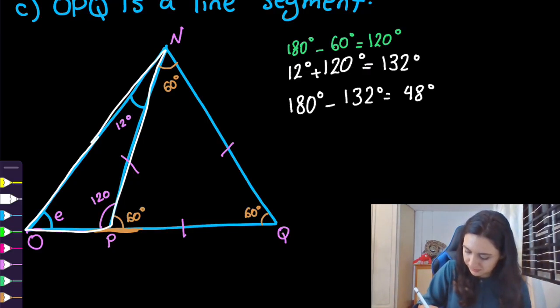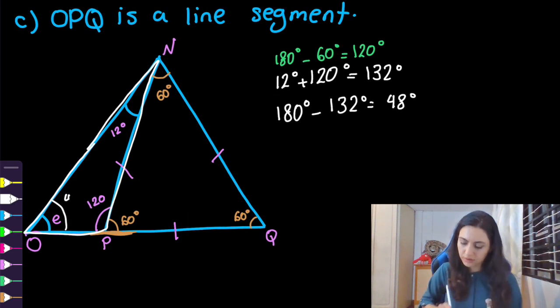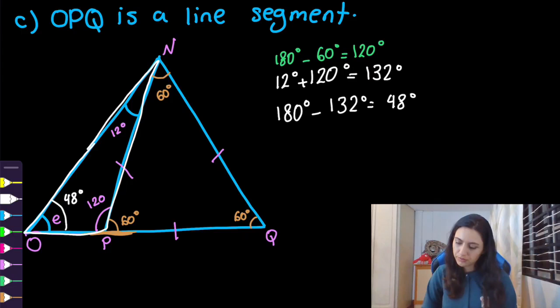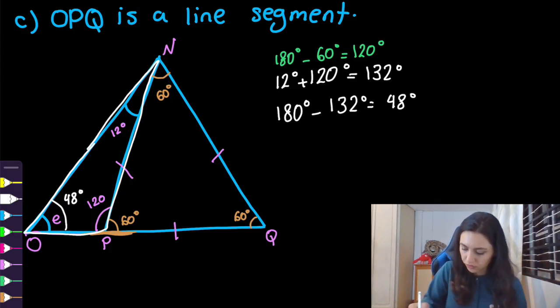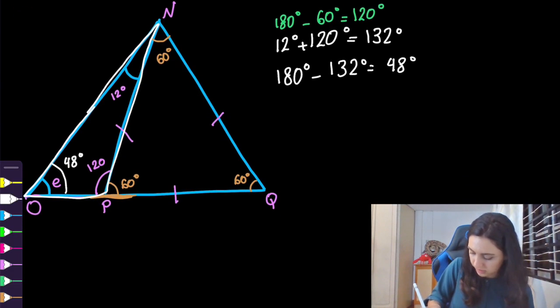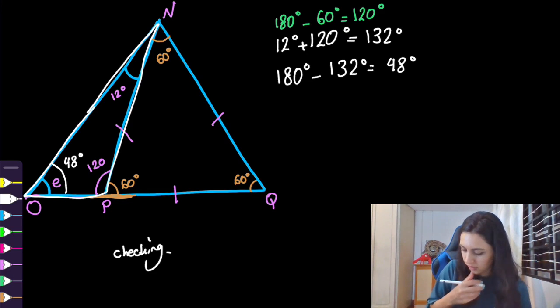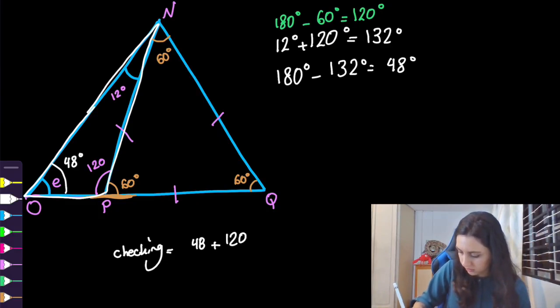So this is 48 degrees. How do we check if I did it correctly? For checking, I'm going to say 48 plus 120 degrees plus 12 degrees.